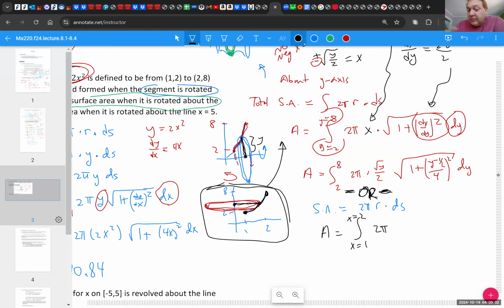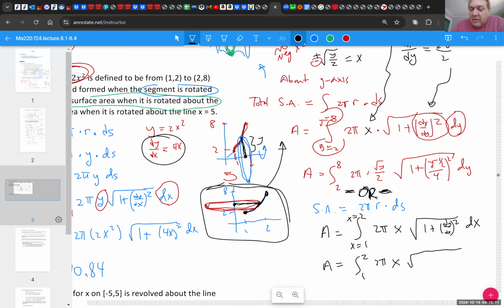This is going to be square root of 1 plus, instead of dx dy, we're going to do dy dx because we're using the x version. This gives me a dx here. By the way, I know what dy dx is because we did it over here. It's 4x. So in this particular problem, we get the integral from 1 to 2 of 2 pi x square root of 1 plus 4x squared dx.